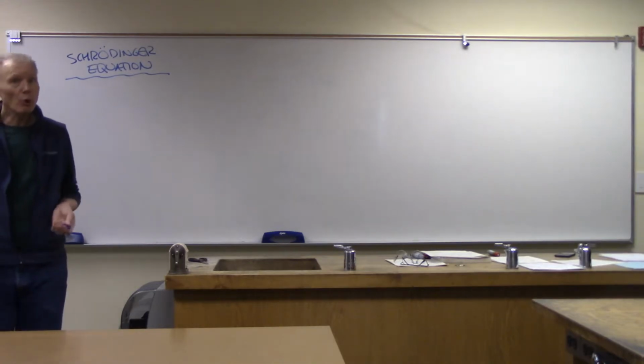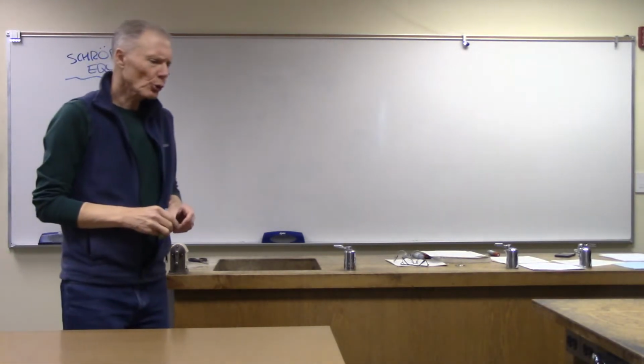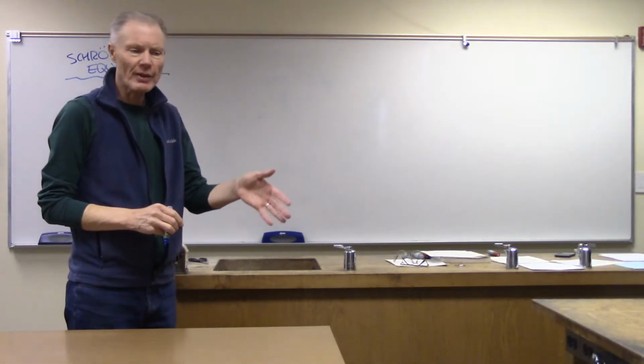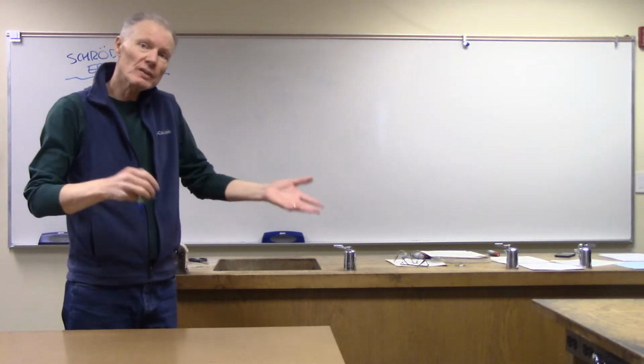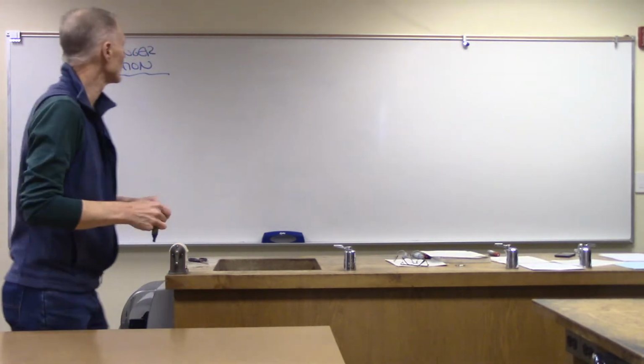Now, I'm not going to write down the whole Schrodinger equation. The whole Schrodinger equation had r dependence, theta dependence, and phi dependence in it, and it was really complicated, and we appreciate the difficulty of that.